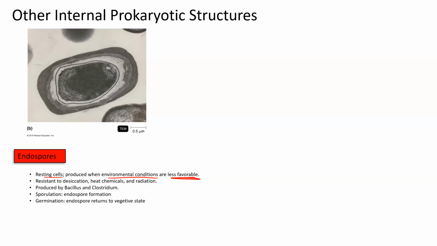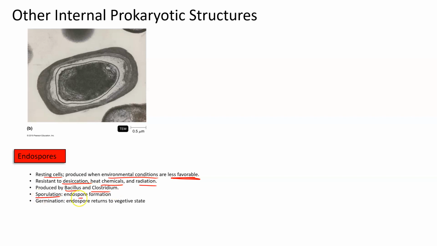It basically means that certain bacteria have the ability to produce these endospores when they sense the environment losing resources or becoming less favorable, like a lower water concentration, lower O2 concentrations, maybe higher CO2 concentrations. These endospores are incredibly resistant to desiccation, heat, chemicals, and radiation, meaning they can withstand pretty much anything. They are very hard to kill. They're produced by Bacillus and Clostridium bacteria.